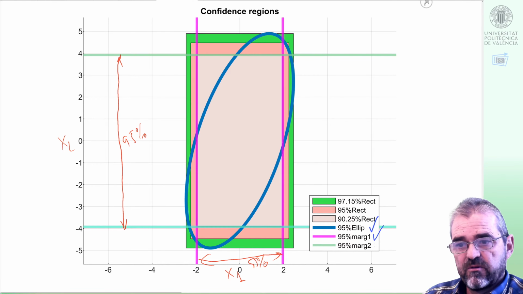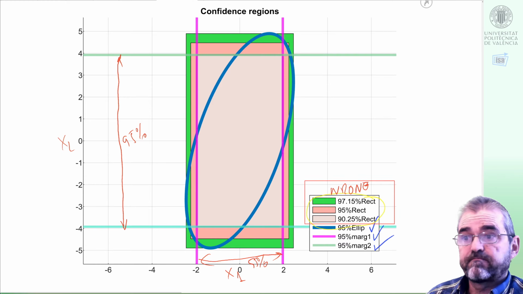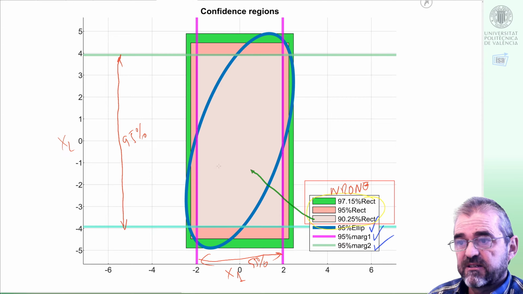So good, good, good. However, the probability figures for the rectangles will be wrong. Why? Because, for instance, we computed the probability of the light pink rectangle as 0.95 squared.